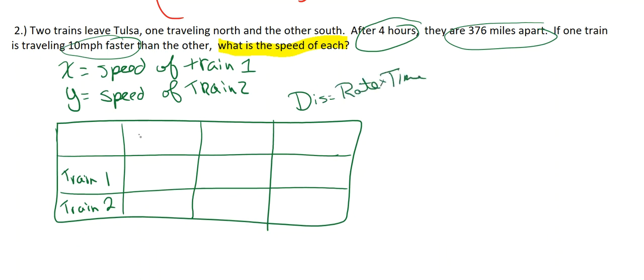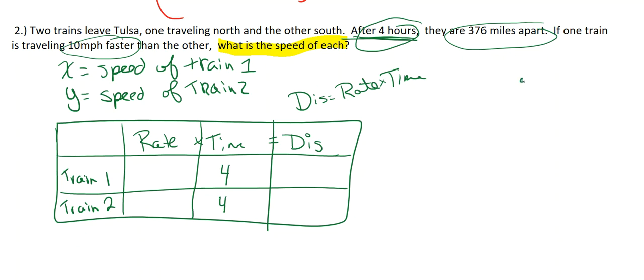And that formula kind of helps us set up the chart. Rate times time equals distance. And we start filling in. So the time, it says after 4 hours. So that means both of them are traveling 4 hours. They're going to be 376 miles apart.